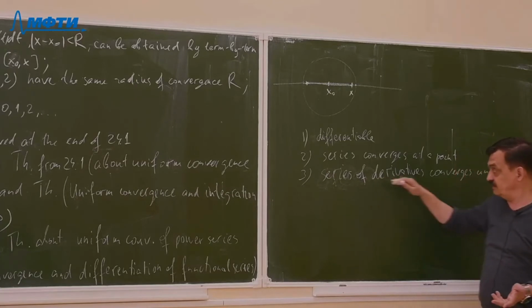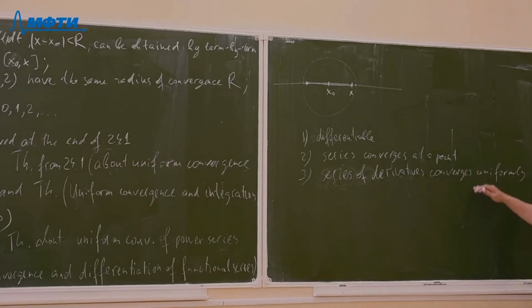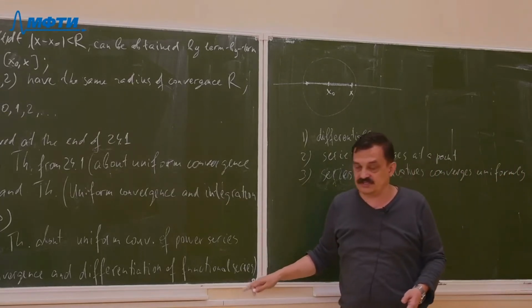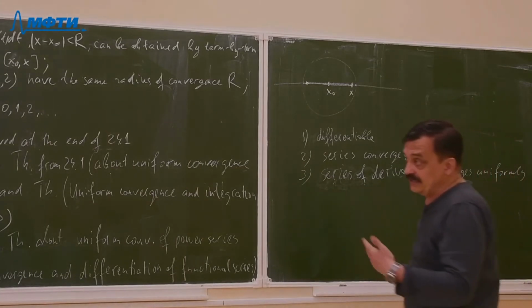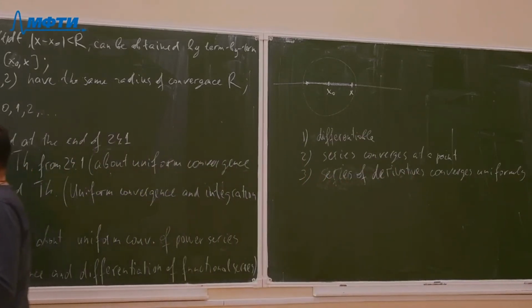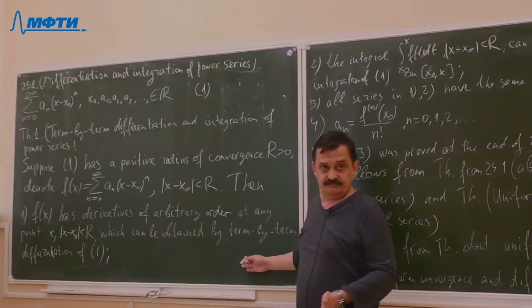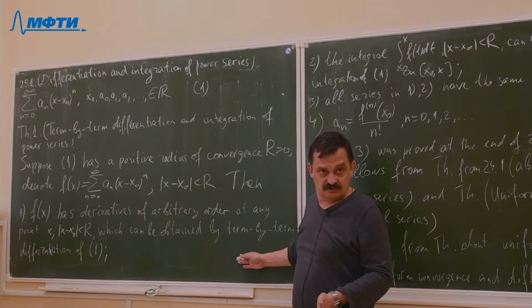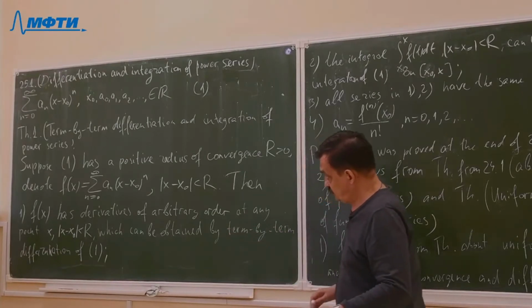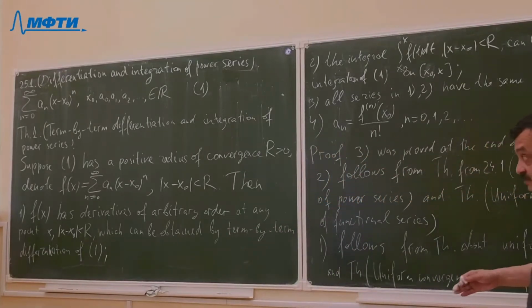Okay, so this condition is checked. And once all of those suppositions are satisfied, we apply that theorem which says that indeed we can differentiate term by term. And we can apply it as many times as we want. So we deduce the first assertion, right?